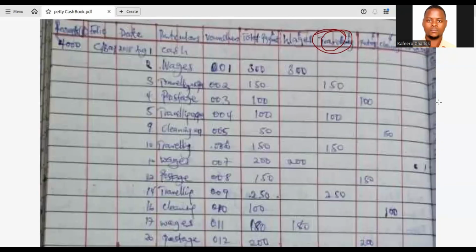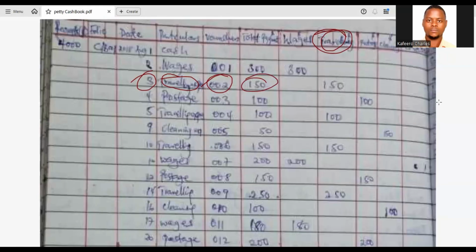So what we are going to do: this transaction happened on the 3rd. We record it under date. In particulars we put traveling expenses, and we assume it is payment voucher number 002. That is what we include here. Then the total payment that we paid is $150.